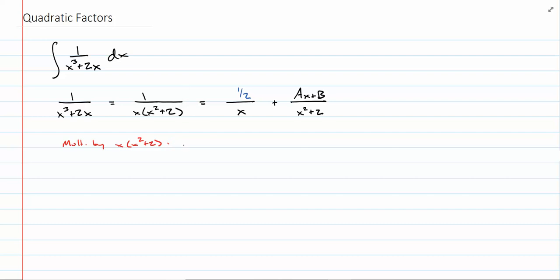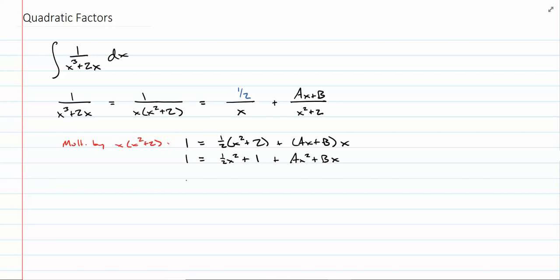The left-hand side would just be 1. The right-hand side would be 1/2 times x squared plus 2 plus ax plus b times x. Alright, now what we're going to do, we're going to actually multiply this out. We're going to distribute the 1/2, we're going to distribute the x.